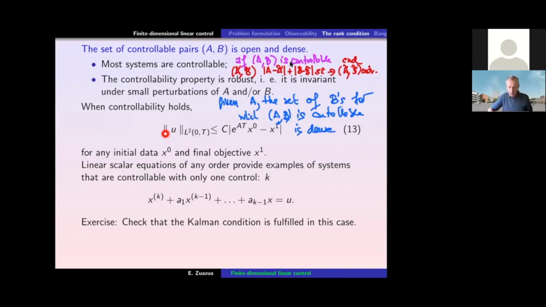This control property being open is related to the important concept in systems control of robustness.